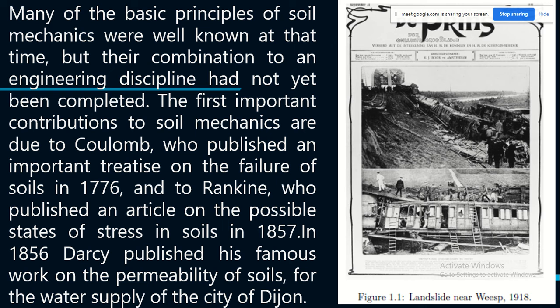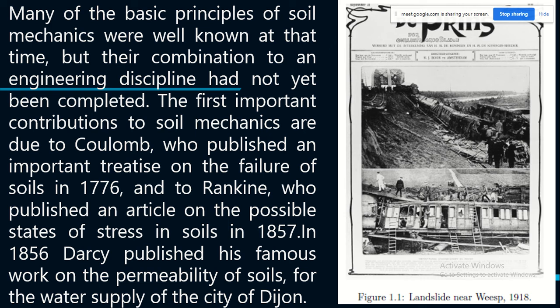So the first important contribution to soil mechanics is due to Coulomb, who published an important treatise on the failure of soils in 1776, and some guy Rankine. So these names are going to show up in other courses, I think, also very commonly in this topic.